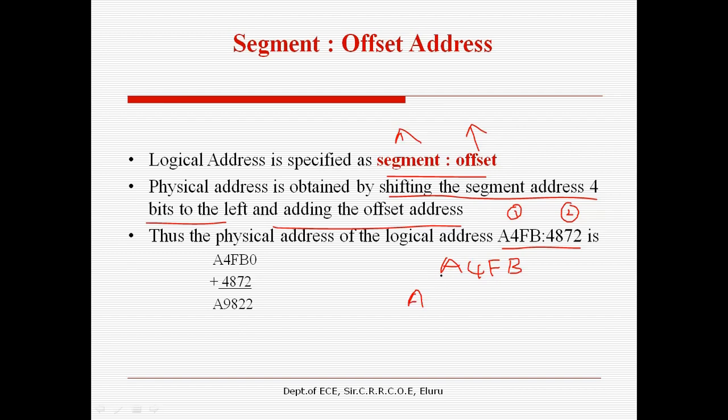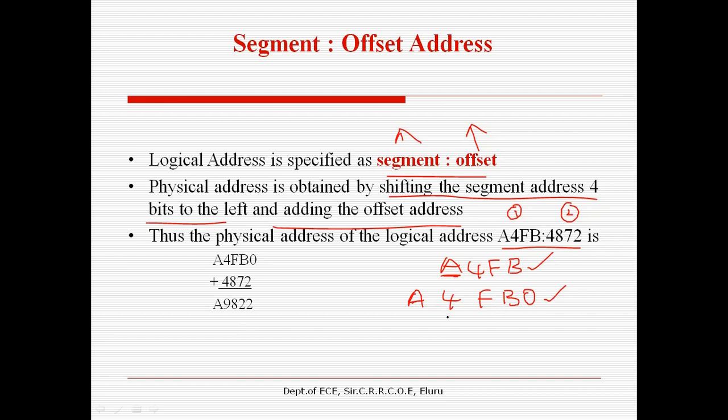Now if you shift all these 16-bit address bits left by 4 times, you will have a bit position change. Previously the bit position was here, and now by shifting left by 4 times the bit positions are changed to A4FB with an appended 0. Previously it was 16-bit, and by shifting it has now become a 20-bit address: A4FB0.